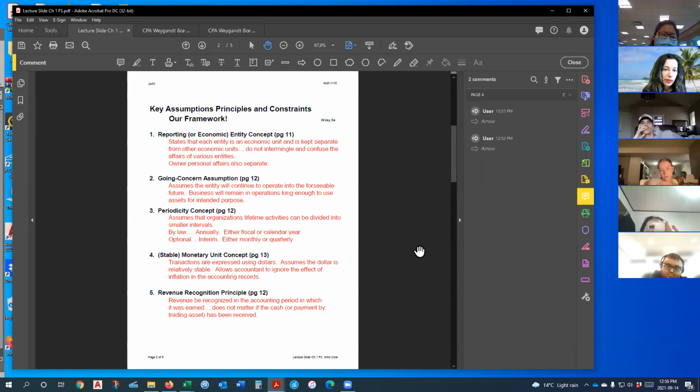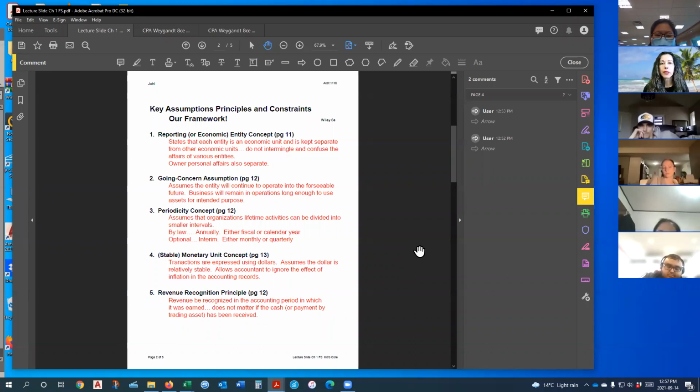When people look at our financial statements, they have a right to assume that they are looking at just one economic entity. So the economic entity or the reporting entity concept states that each entity is separate and distinct from other economic units. The owner is separate, business number one is separate, business number two is separate.